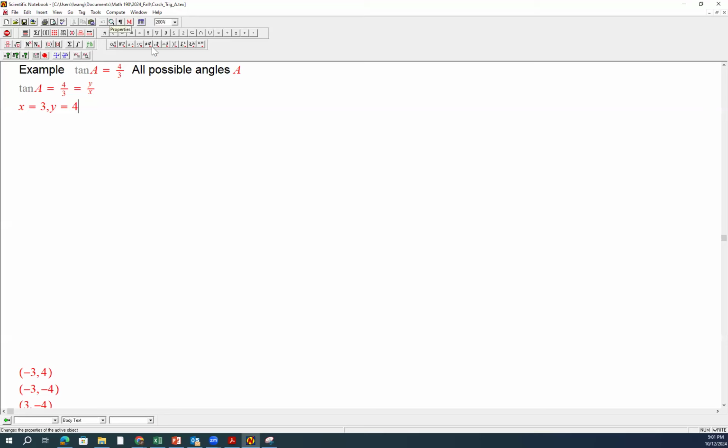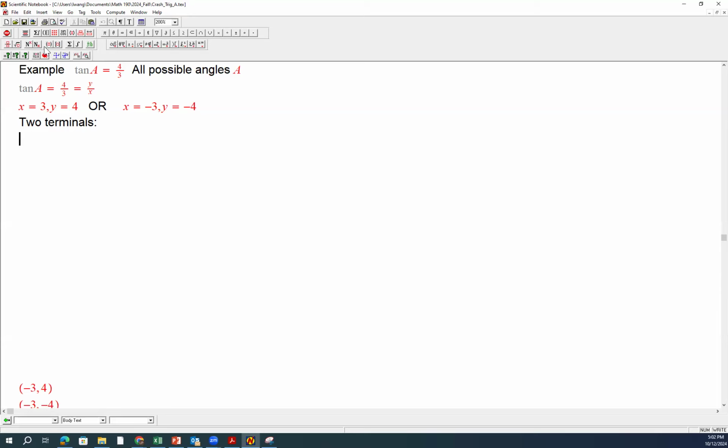And then you say, wait a minute, could it also be both are negative? Because negative divided by negative, we get positive. So x equals 3, y equals 4, or x equals -3, y equals -4. So now we have found 2 terminals.